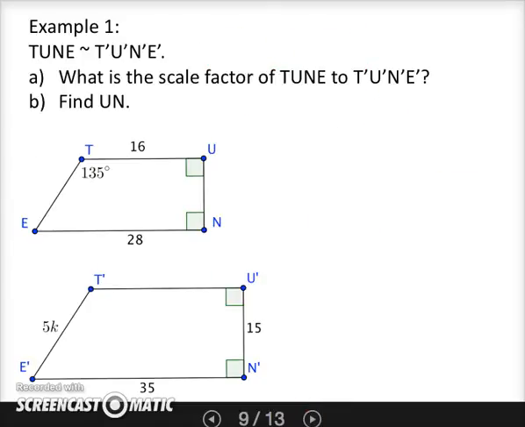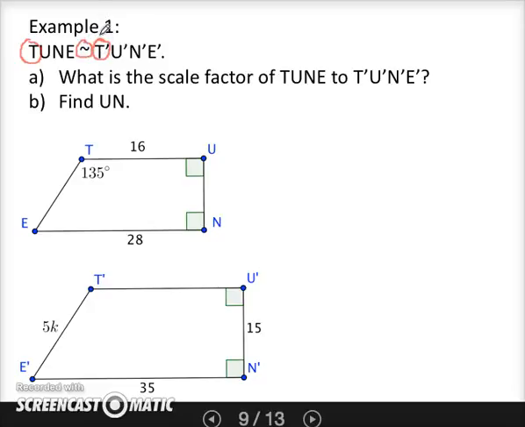Let's do an example problem. We're told that quadrilateral TUNE is similar to quadrilateral T prime U prime N prime E prime. We don't have to prove that these two quadrilaterals are similar. And we're also given the vertices that correspond to each other.